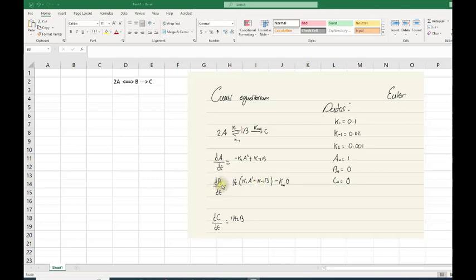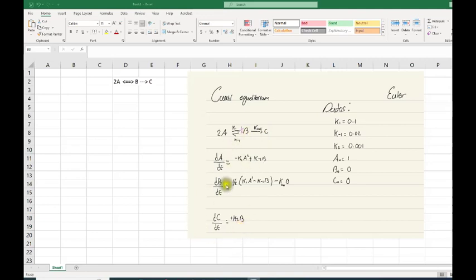That's how we express the disappearance or appearance of B. Now finally for C, the rate will be positive. Whatever moles of B disappear will eventually become C, since C is formed by B as shown here, and that's it.